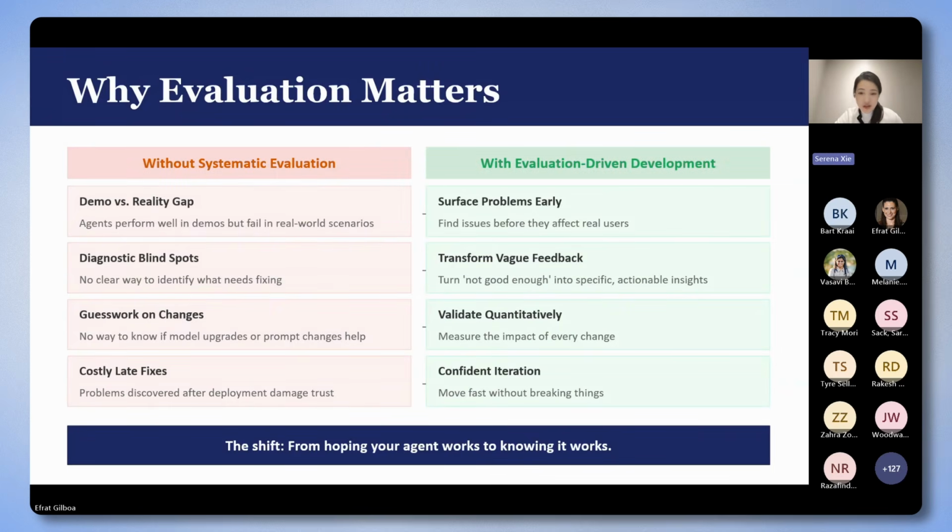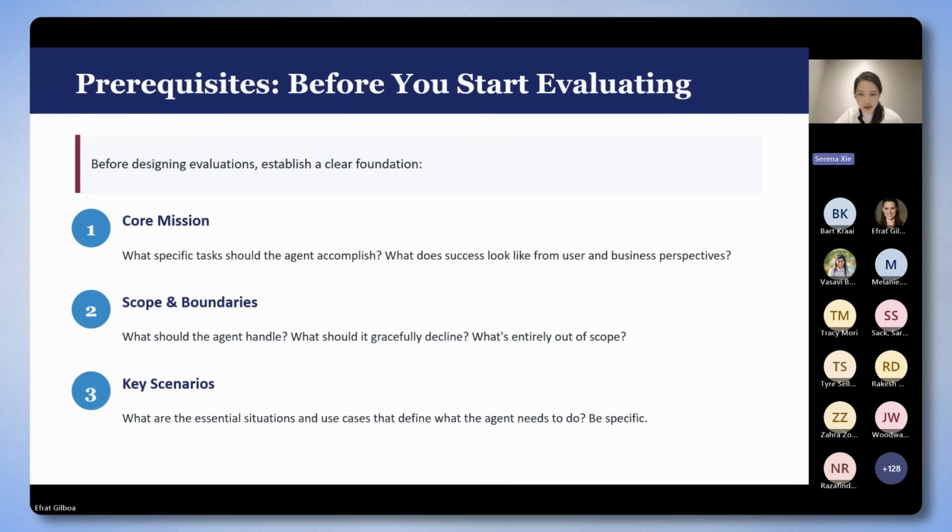And without evaluation, you find the problem after deployment when it becomes expensive to fix, and your users may have already lost trust in the agent. But with evaluation, you are able to catch the issues early on. So the shift is really simple. It's from hoping your agent works to knowing it works with quantifiable evidence. Next slide, please.